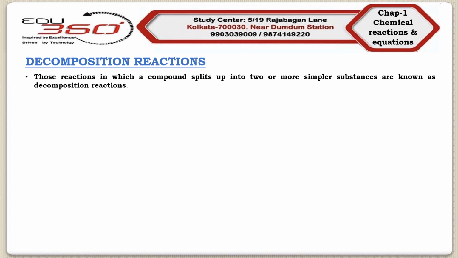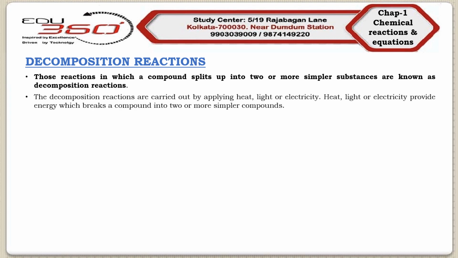The energy can be supplied in the form of heat, light or electricity. So we can say that decomposition reactions are carried out by applying heat, light or electricity. Here heat, light or electricity basically provide the energy which is necessary to break a compound into two or more simpler compounds.